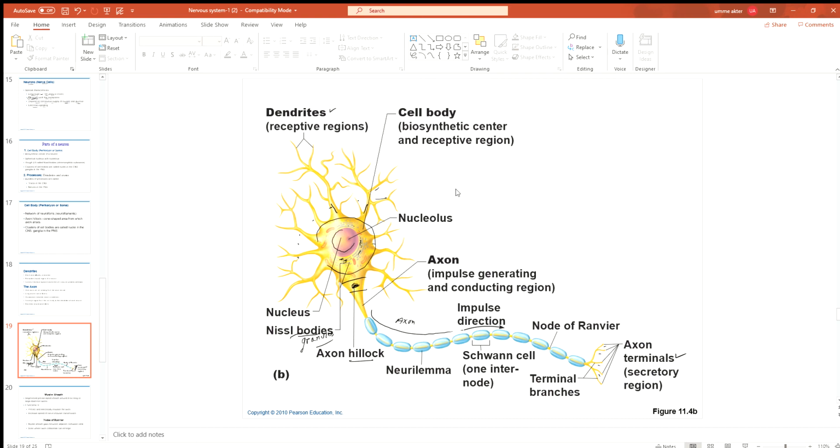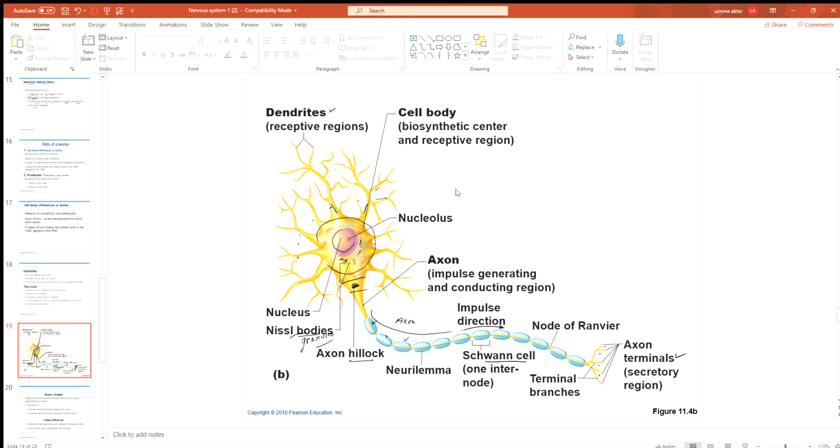And in the peripheral nervous system, you have seen that the axon is covered by the Schwann cells, one type of neuroglial cells. We talked about that. Schwann cells form insulation or myelin sheath around the axon of the neuron.